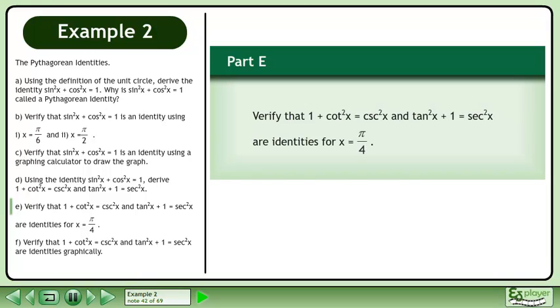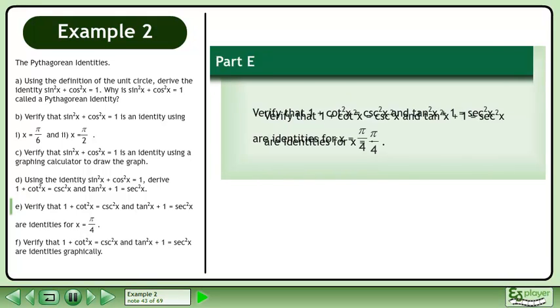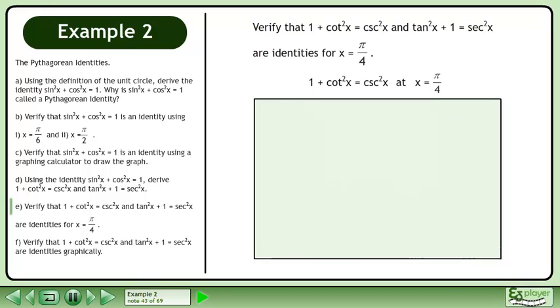In part E, verify that 1 plus cotan squared x equals cosecant squared x, and tan squared x plus 1 equals secant squared x are identities for x equals pi over 4. Begin by verifying 1 plus cotan squared x equals cosecant squared x at x equals pi over 4.